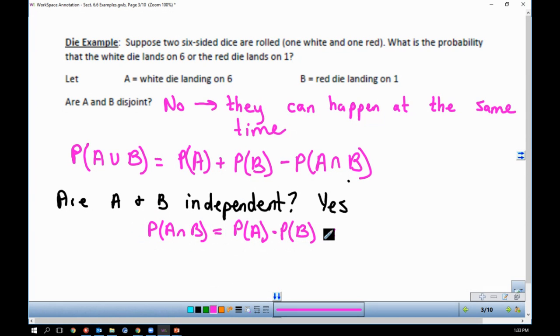So what's the probability that A occurs? 1/6. What's the probability that B occurs? 1/6. So the probability that they both occur would be 1/36.